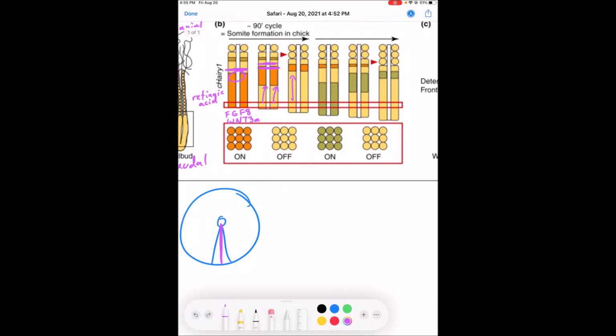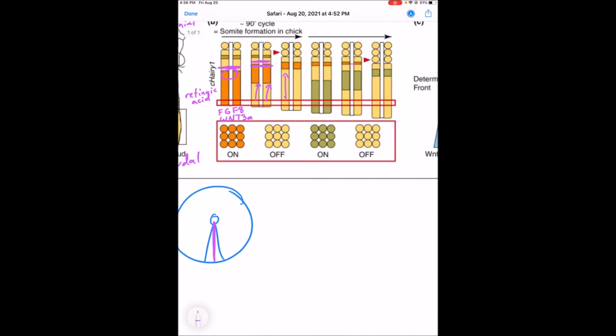And so when notch gets close-ish, we start another wave, because you could think of it kind of like the action potential. Remember, the voltage-gated sodium channels are inhibited for a while, but after that inhibitory period is over, they can start up again. Same thing here. Notch expression, both orange and green, both represent the notch protein.